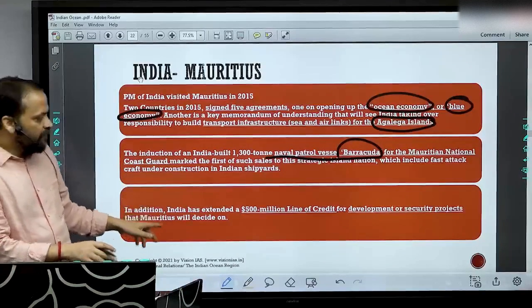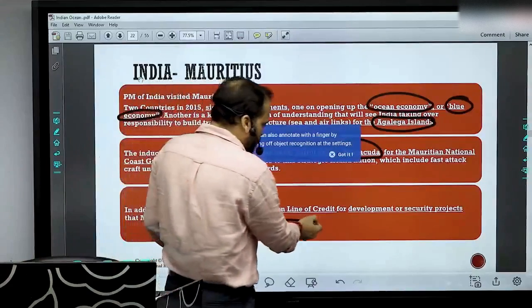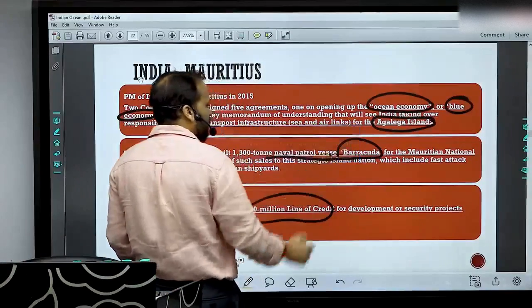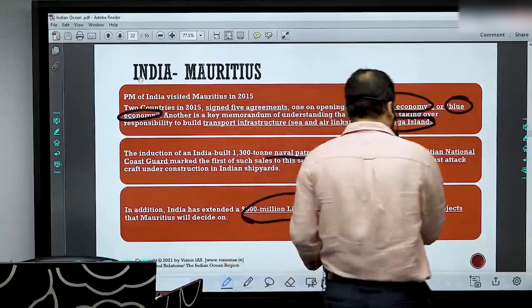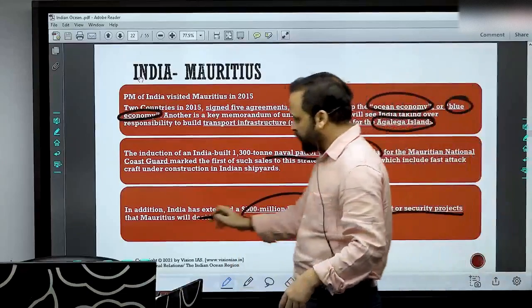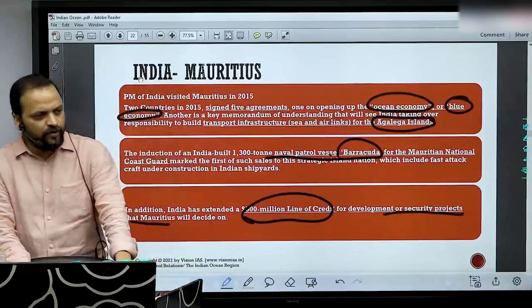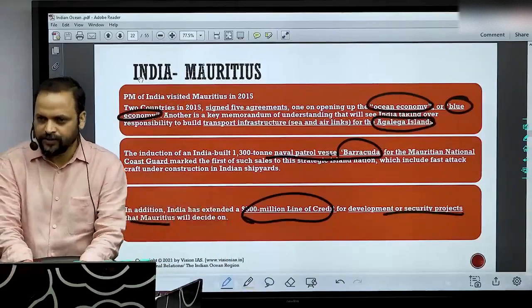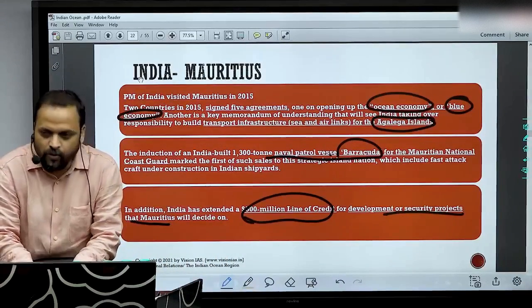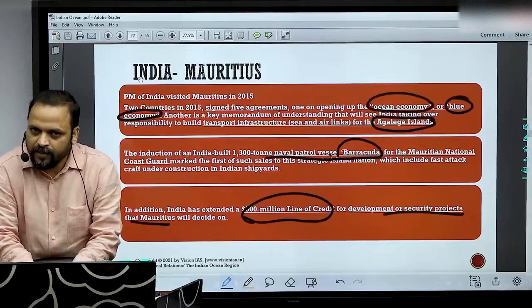And then we provided 500 million US dollars of line of credit for developing projects aimed at simple development projects, but also security projects, security procurement. So what is this an example of? Capacity building.